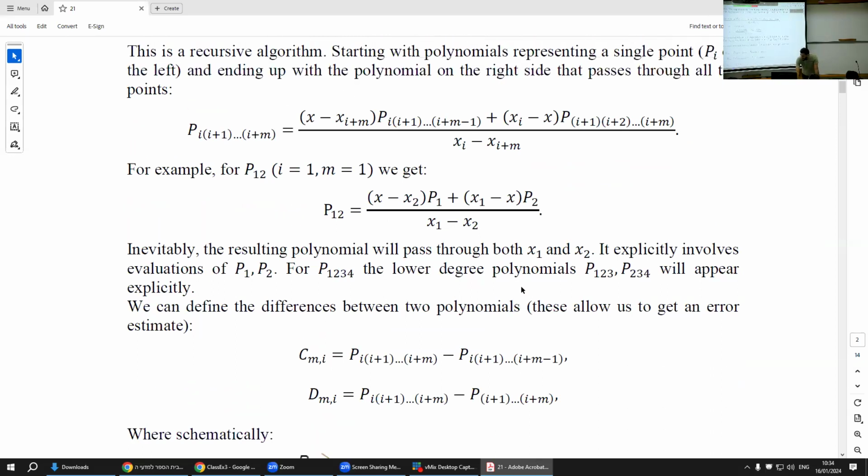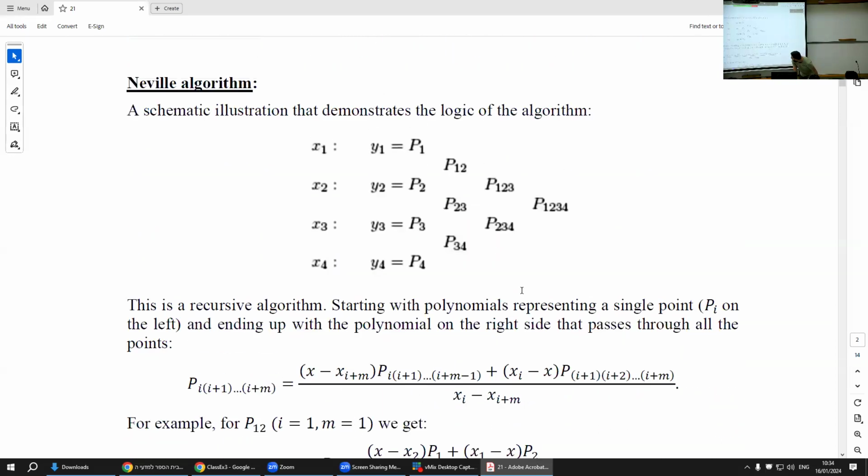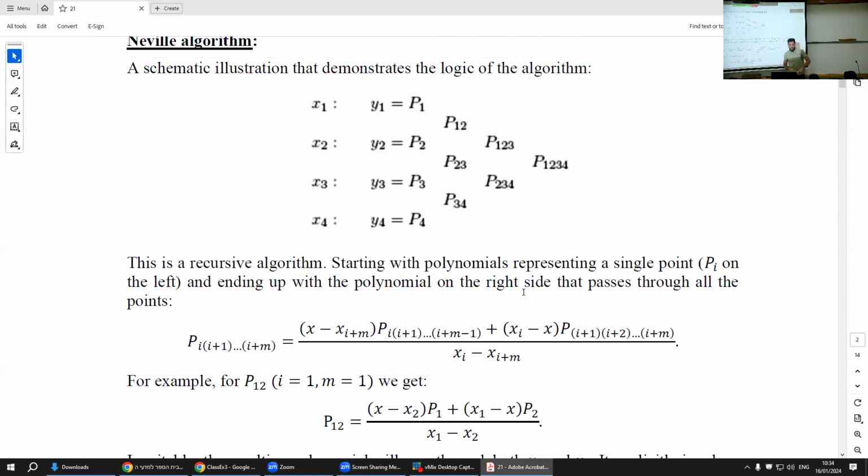Okay, and now again, here is why I told you to fix something. If I evaluate the polynomial at some x here, the question to be asked is, okay, you at first said to me that it's P1.